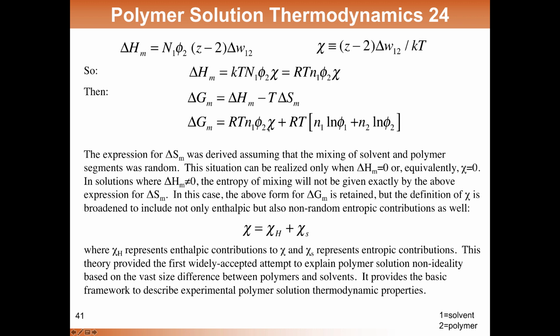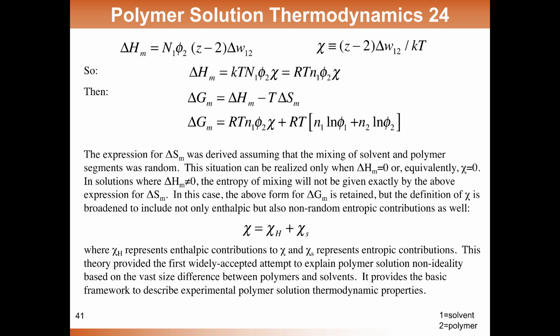Now, this model has an anachronism in it, or a tension in the derivation. In order to have this expression for the entropy, one has to assume that polymer segments and solvent molecules have the same interactions for each other as they have for themselves.